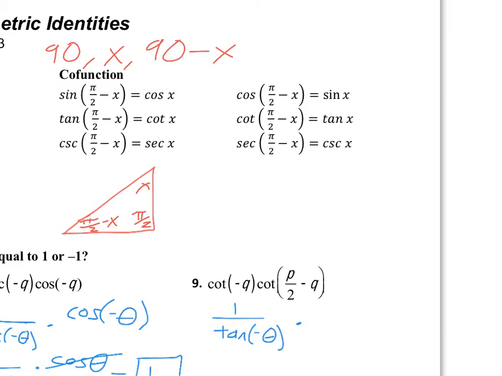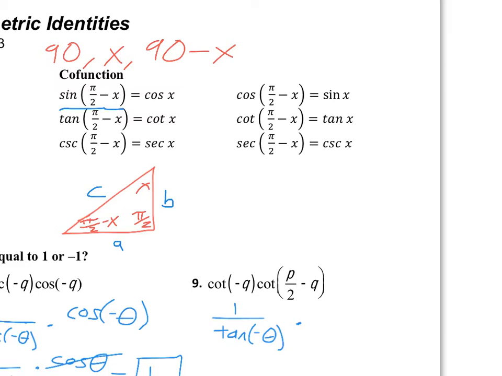Okay, so I'm going to label the sides of these triangles. Let's call the bottom A, we'll call this side B, and the hypotenuse C. Alright, let's find sine of the bottom left angle, pi over 2 minus x.